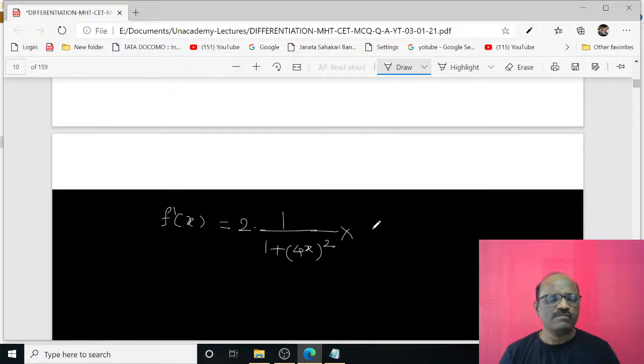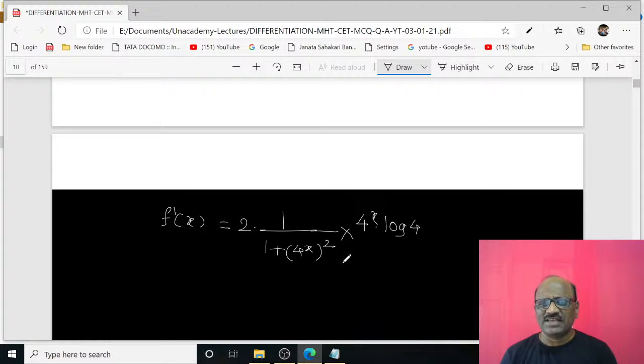We know the derivative of a raised to x is a raised to x into log of a. In a similar manner, the derivative of 4 raised to x is 4 raised to x into log of 4.